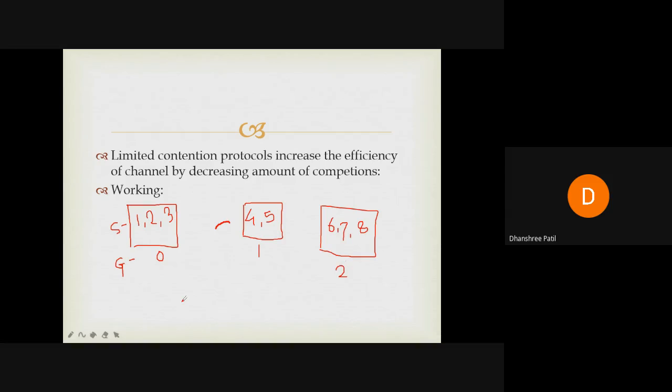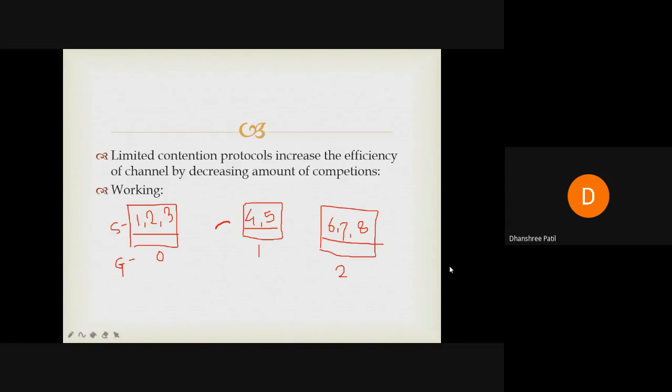Now after grouping, every group will get a chance of acquiring the channel. So instead of having competition among all 8, the competition will be within 3 only, similarly within 2 only, and within 3 only.